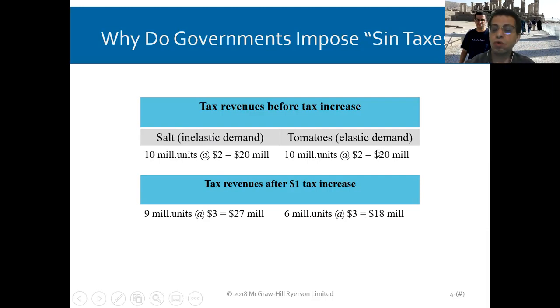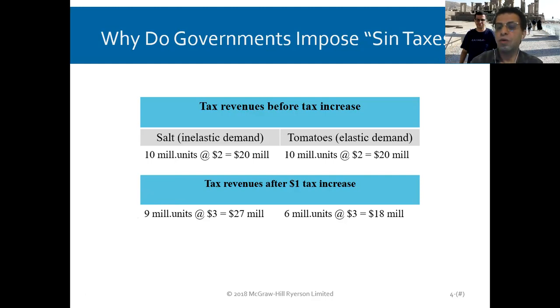But this salt is inelastic. People do not show a reaction. The demand does not change if the price increases or decreases. They're still going to take that amount. So consider the tax revenue after a $1 tax increase.